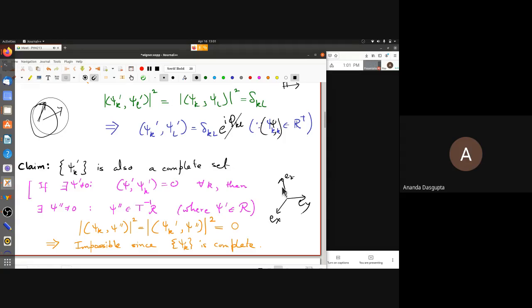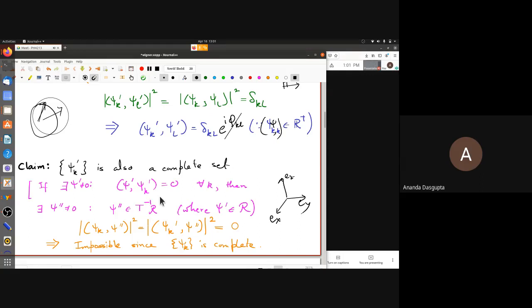If you manage to find one vector which is linearly independent, you can always find a vector which is orthogonal. That's the Gram-Schmidt orthogonalization, a standard procedure. So linear independence and the existence of an orthogonal vector are one and the same thing.